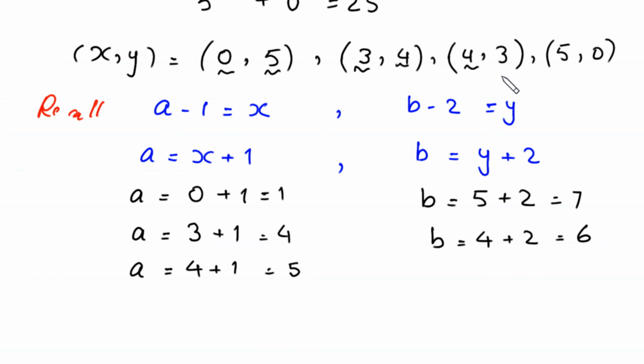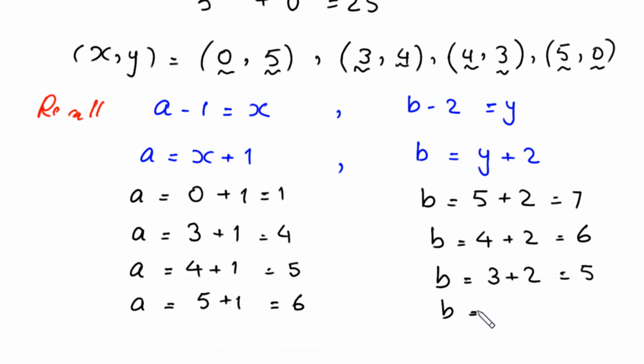And when y is equal to 3, then b will be equal to 3 plus 2 is equal to 5. When x is equal to 5, then a will be equal to 5 plus 1 is equal to 6. And when y is equal to 0, then b will be equal to 0 plus 2 is equal to 2.